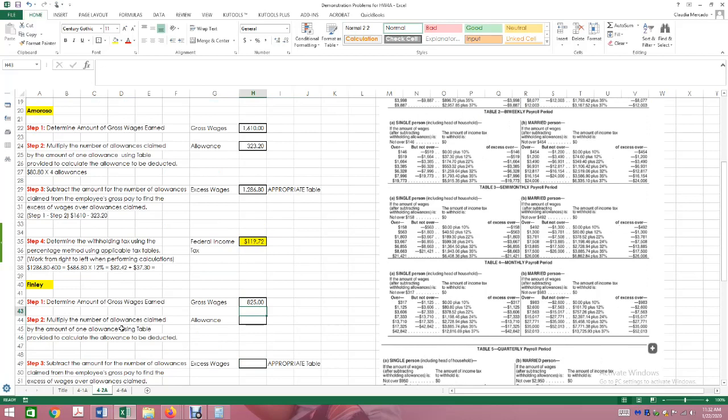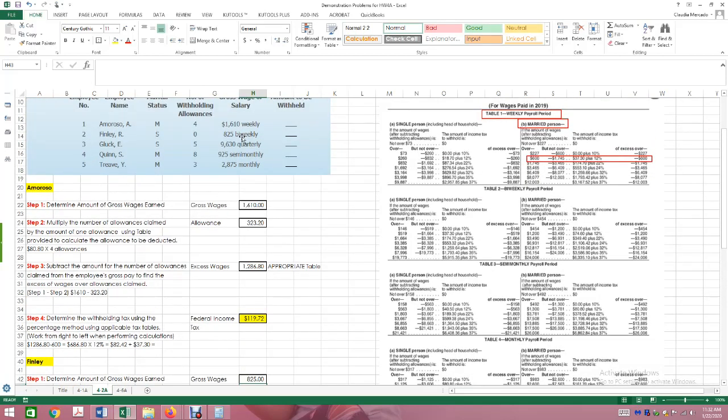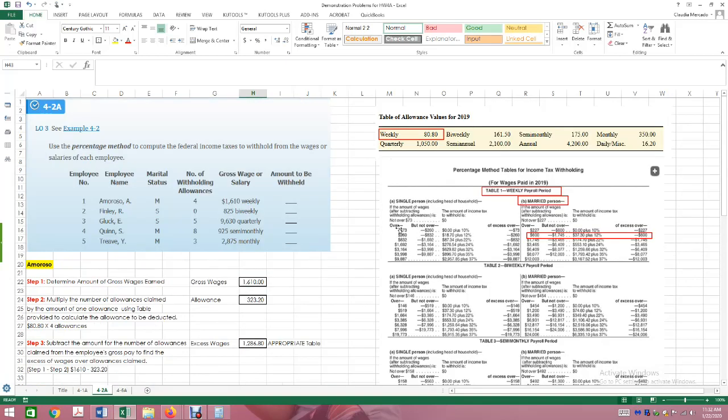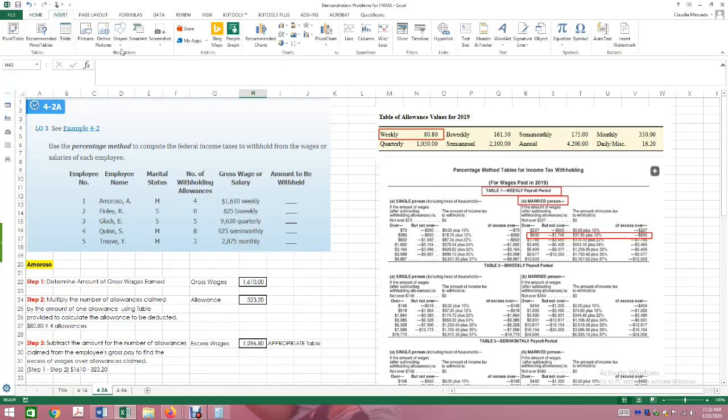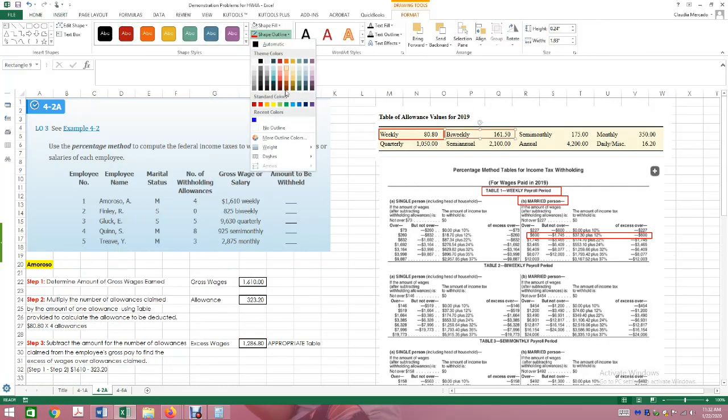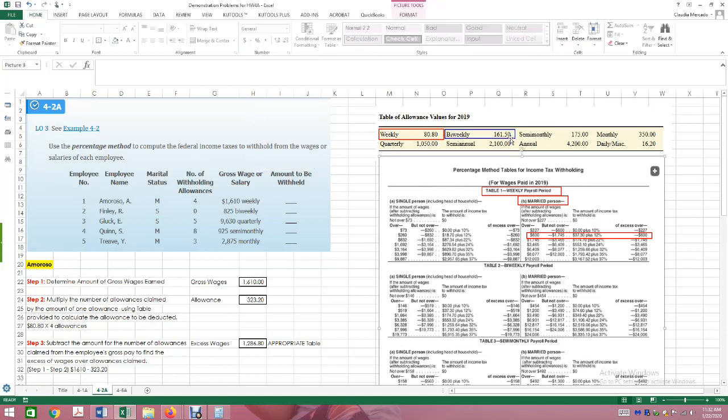We have to multiply the number of allowances claimed by the amount of one allowance. So this employee gets paid bi-weekly. Okay? So we're going to look at my bi-weekly right here. And my bi-weekly rate is $161.50. Okay?